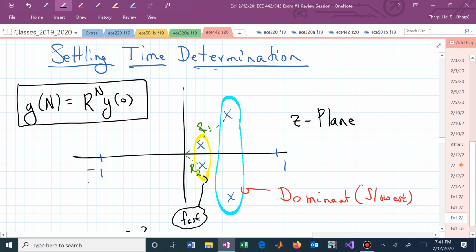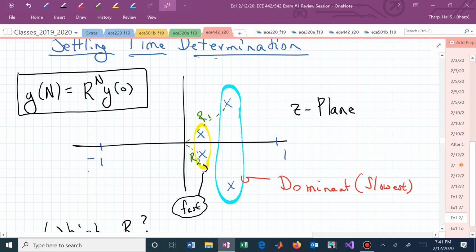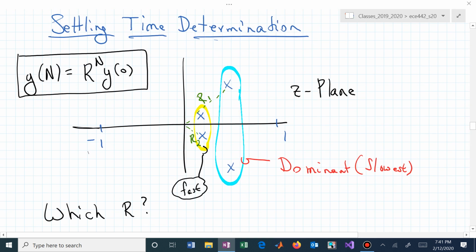So which one of those, R1 or R2, do you use to determine settling time? Which R? We want settling time. Settling time is determined by the fastest or the slowest?